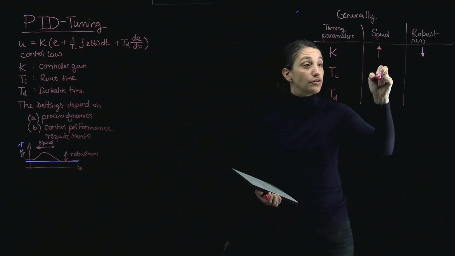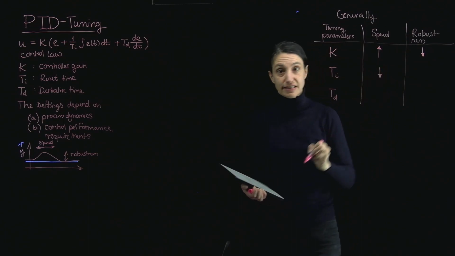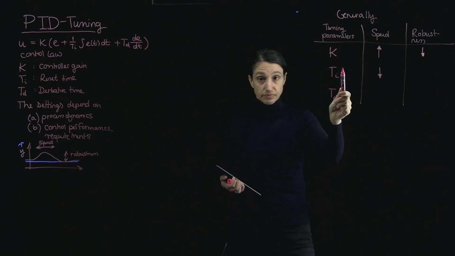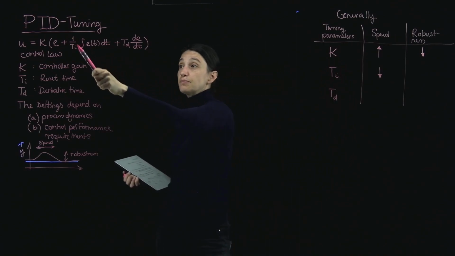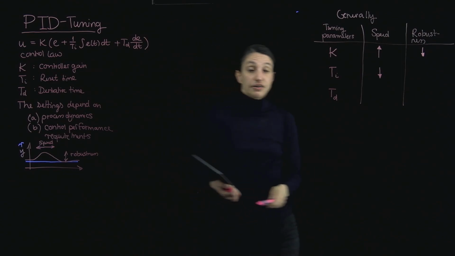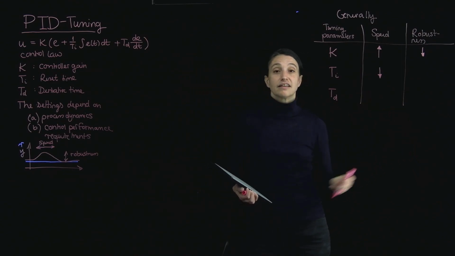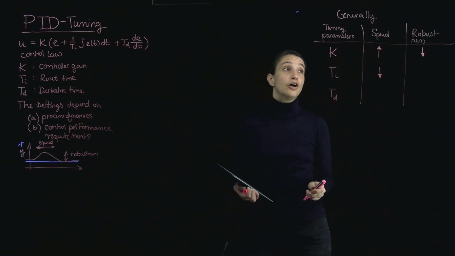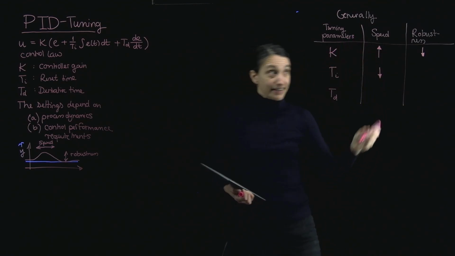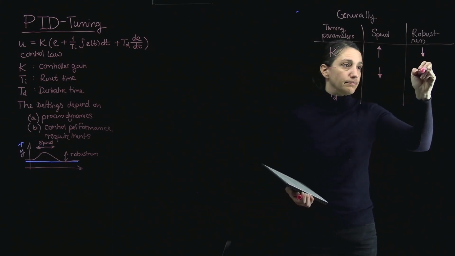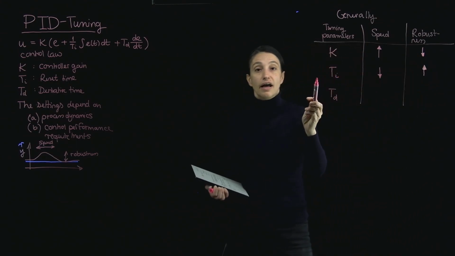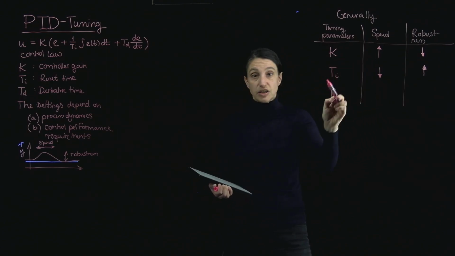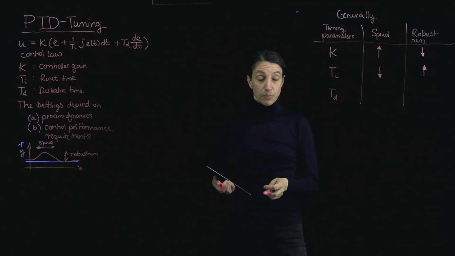The speed is going to go down. And that makes sense because if I have more Ti, it's inversely proportional at this point, so it's going to be less integral action. If you have less integral action, the speed will go down. On the plus side, the robustness will increase. I could have written, if I increase the I part, then I would have written here 1 over Ti, then the effects would have been just like for the proportional part.